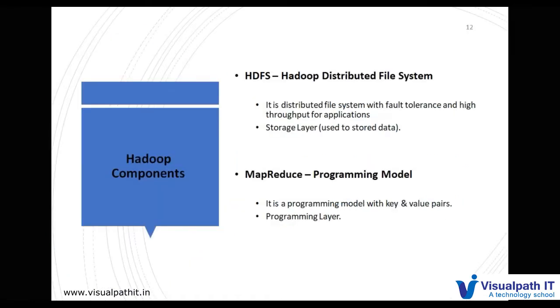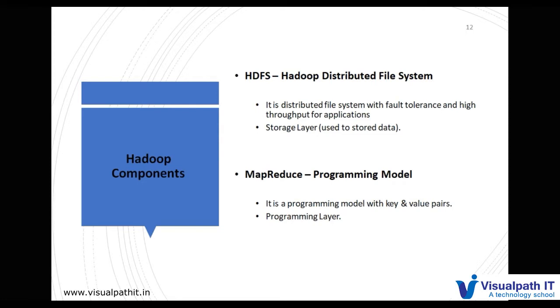So, Hadoop components. What are the main components in Hadoop? There are two main components in Hadoop. One is HDFS, another one is MapReduce. HDFS is the Hadoop Distributed File System, and MapReduce is a programming model. HDFS is a distributed file system with fault tolerance and high throughput for applications.